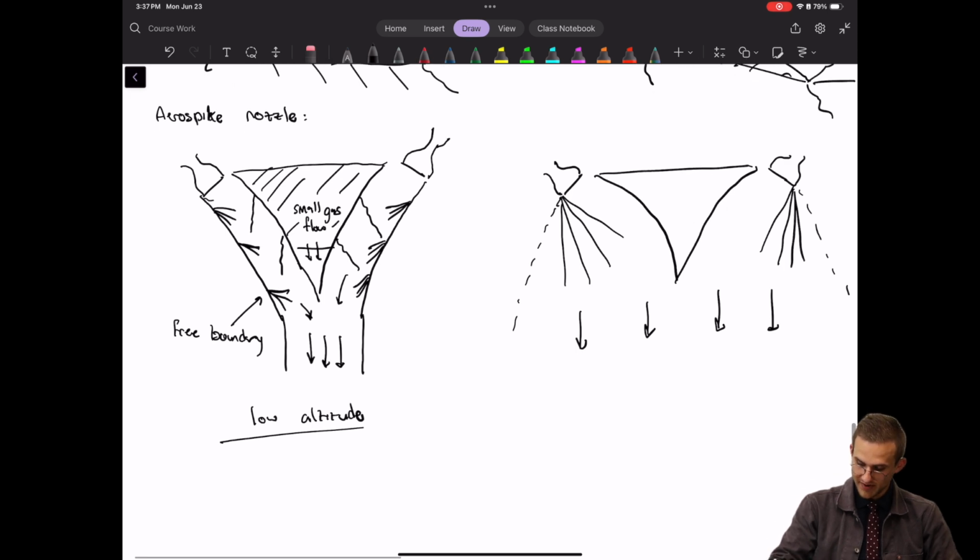So your free boundary expands outwards. It's basically like a variable diverging section.